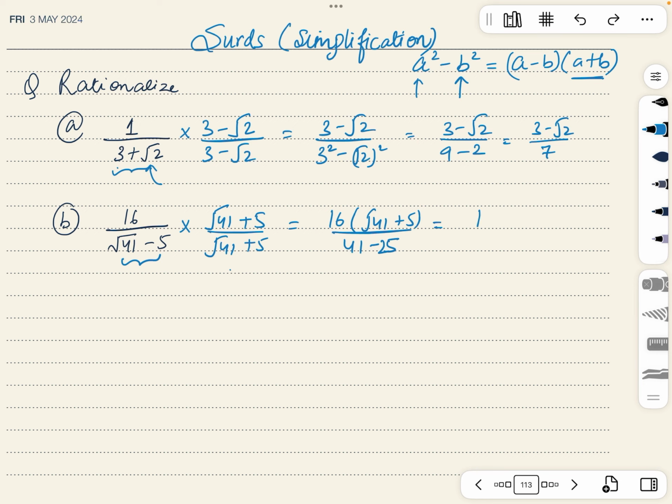This will yield 16 times root 41 plus 5 divided by 41 take away 25, which is 16. 16 and 16 can be cancelled because both are in numerator and denominator, and 16 exists with both root 41 and 5 also, so we can cancel them out, and the final answer that we are left with is root 41 plus 5.